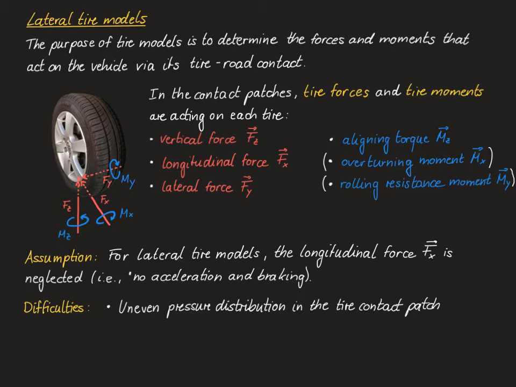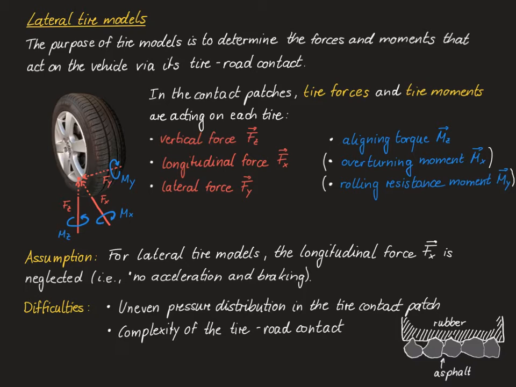And as one can easily imagine, the distribution of these pressures in the contact patch is generally very uneven. Reasons for this are the relative complexity of the tire construction itself, including the tire tread, and also simply the fact that the road surface is not flat, but it's uneven by itself.